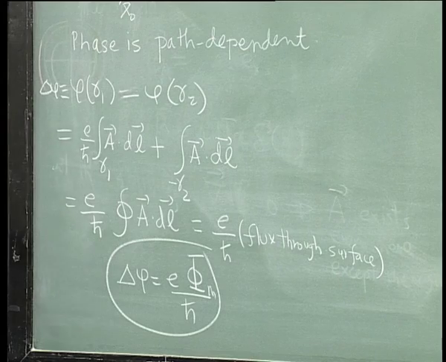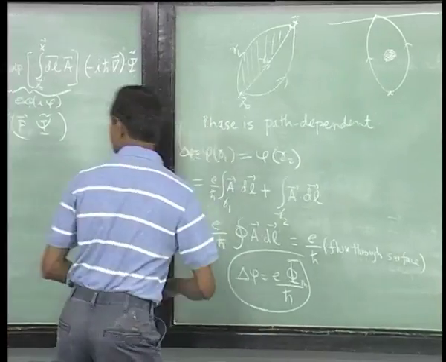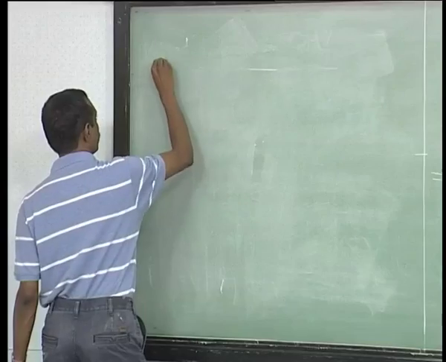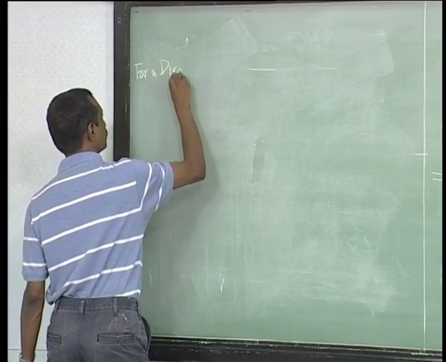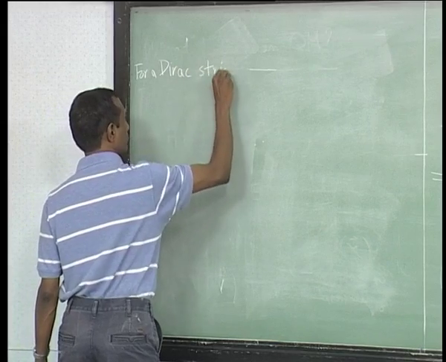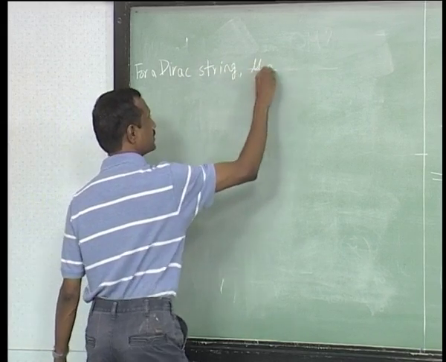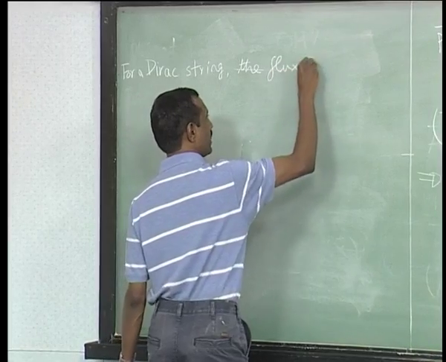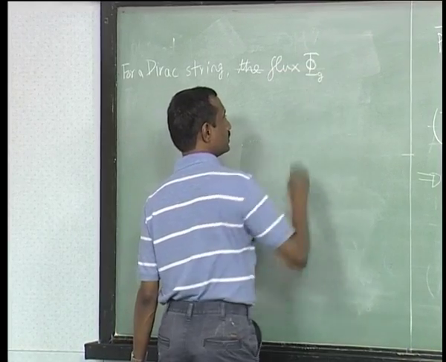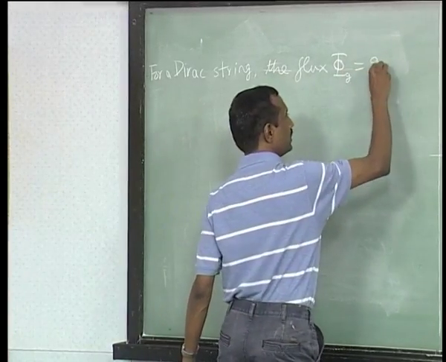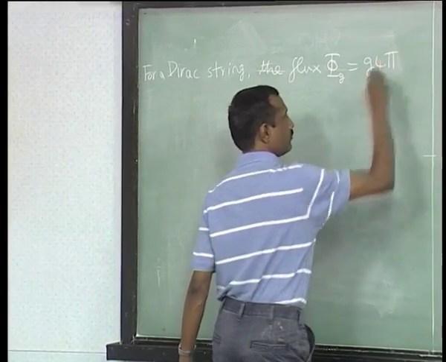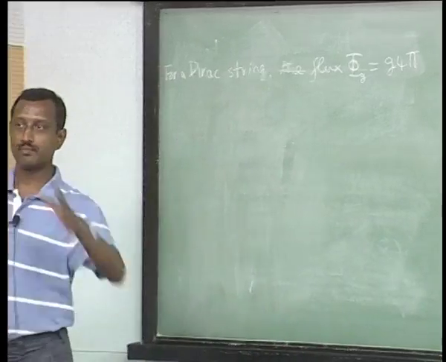Okay. So for a Dirac string, the flux phi due to the monopole of strength G would be G times 4 pi, because we are talking of the flux.